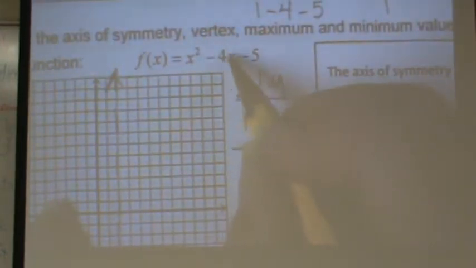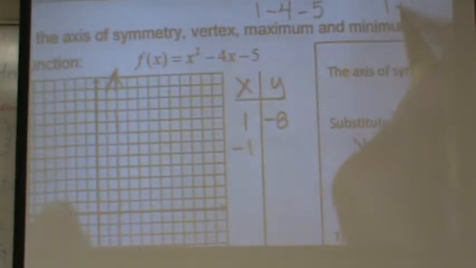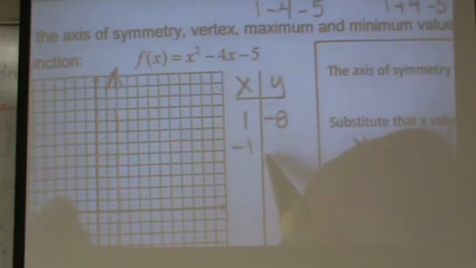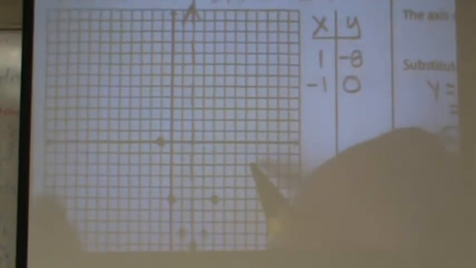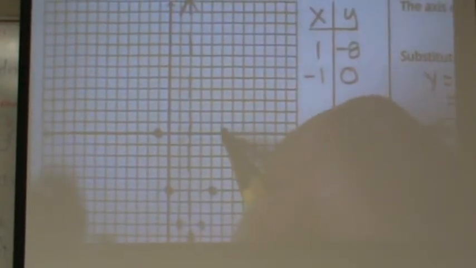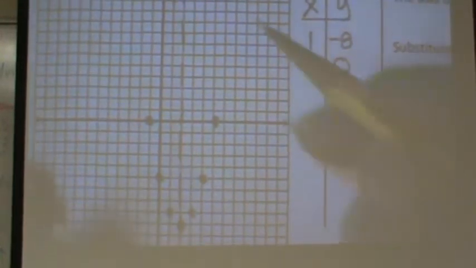What is -4 times -1? Plus 4, what do you get? 5, and then -5 is 0. So we've got that point. Is there another match to that one? Right there. Now, do you notice the more points you have, the easier it is to draw your graph?